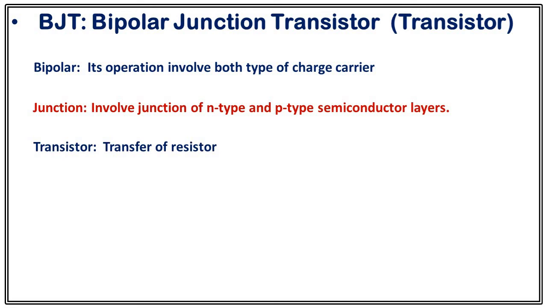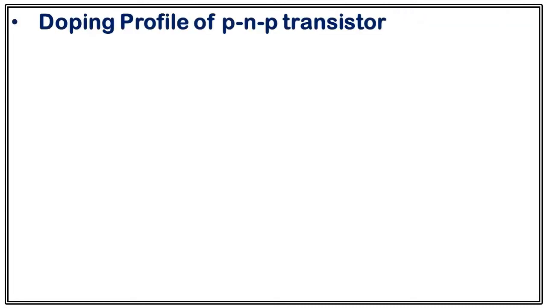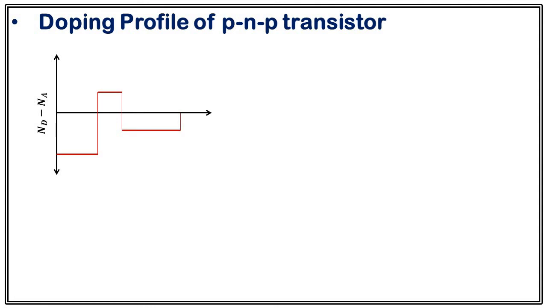Okay. Now come to the very first question. How can we identify emitter and collector, when both are of the same type? To do that, we need to understand the doping profile, and now we are in a better position to understand it. In the doping profile, on the y-axis, I will plot concentration of donor minus concentration of acceptor, and this is the doping profile for a PNP transistor.